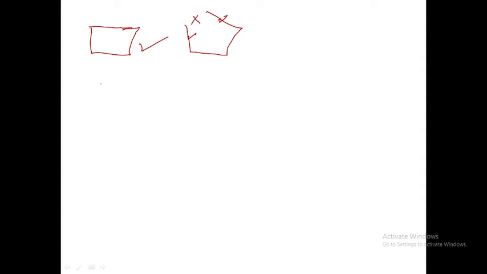Now you perhaps remember collinear points. What are collinear points? When three or more points lie on a straight line, then the points are called collinear points.